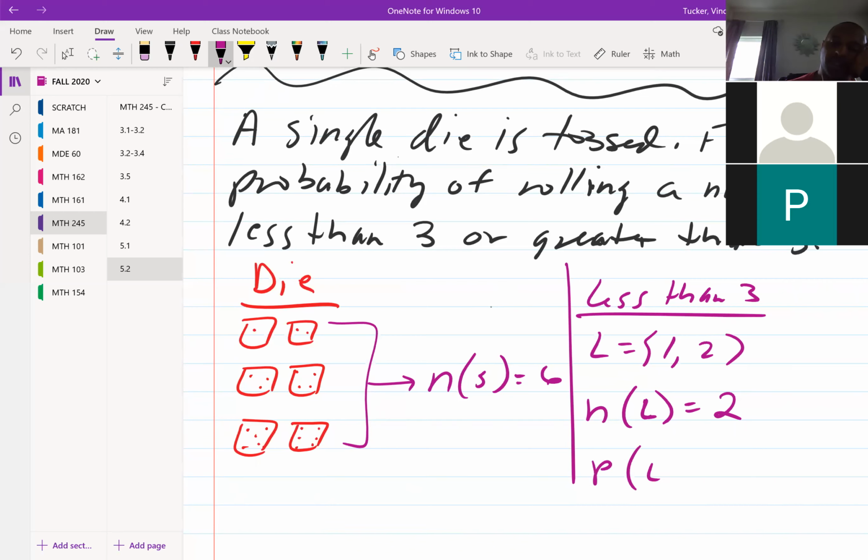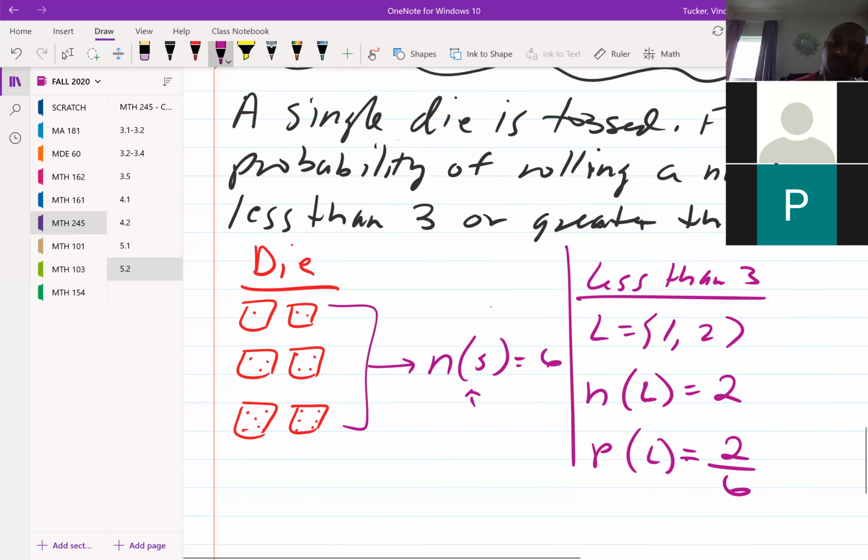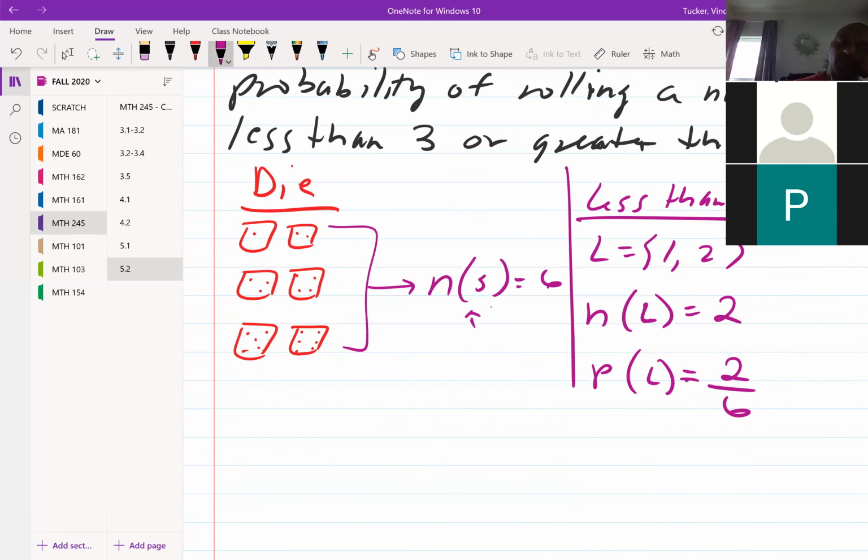So the probability of getting a value less than 3 would be 2/6. Remember using this as our sample space. Do you reduce that? Nah, we can leave it like that first. I'll show you why in a second. We'll reduce it at the end though.